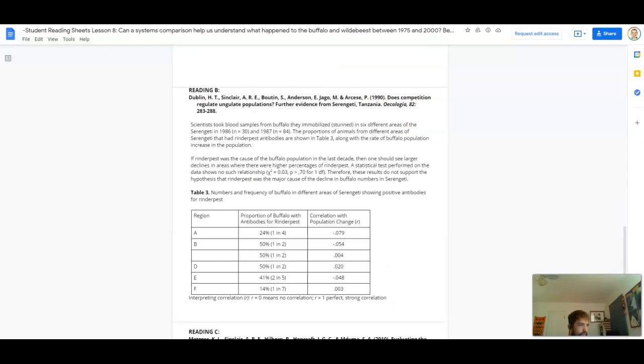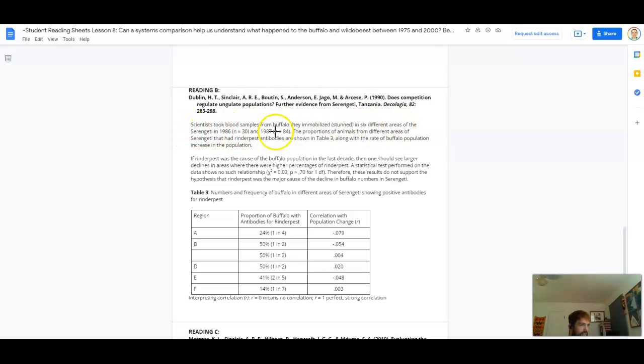Alright, and here we have reading B. Does competition regulate ungulate populations? Further evidence from Serengeti, Tanzania. Remember, ungulate means hoofed animals. Scientists took blood samples from buffalo they immobilized or stunned in 6 different areas of the Serengeti in 1986.